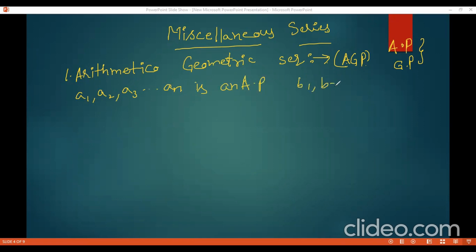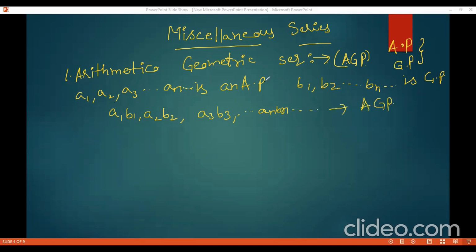B1, B2, B3, and so on, Bn is a GP. Then the sequence A1 B1, A2 B2, A3 B3, and so on, An Bn is called an AGP.